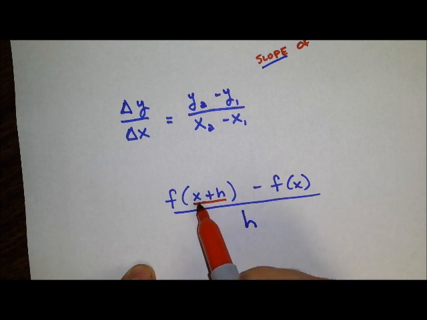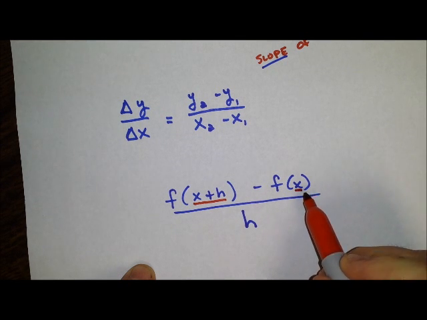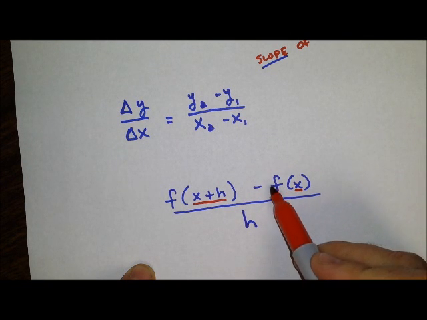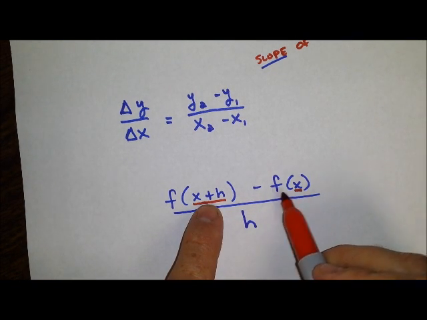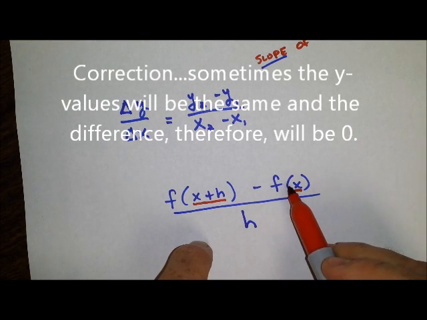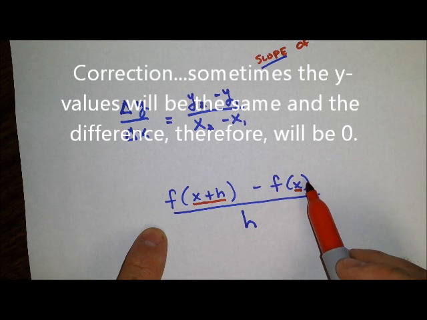When we plug an x value into a function, the result is a y value. Here's another x value, and we're plugging that into the same function, and the result of that is a y value. Since these two x values are different, the two y values will also be different. So here is y2 minus y1.